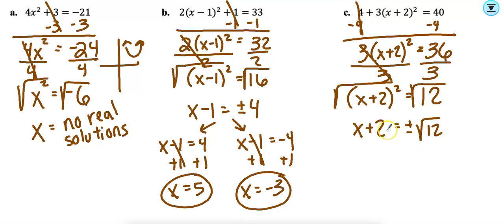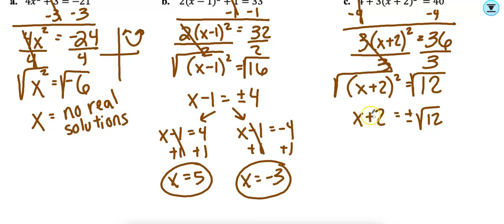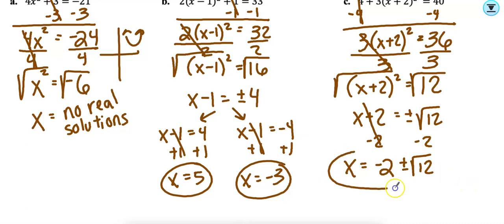Lastly, I need to check my two solutions. To get x by itself, I would need to subtract 2 from both sides and cancel it out. I'm going to write this backwards. I'm going to write minus 2 first, then the plus or minus, and then the square root of 12. You can leave your answer like that because it is simplified.